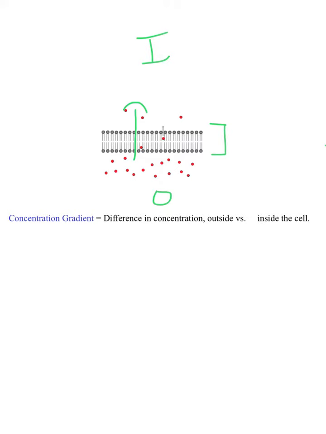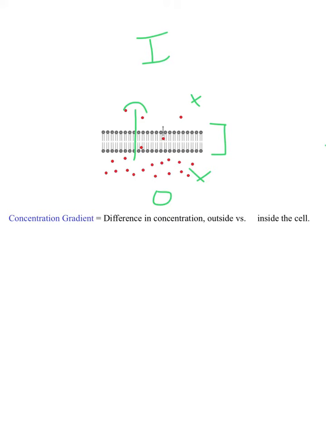So we could think of diffusion as allowing molecules to move from areas of higher concentration to areas of lower concentration. And we're always going to go from high to low. Now this is sometimes referred to as a concentration gradient, or just a difference in concentration.